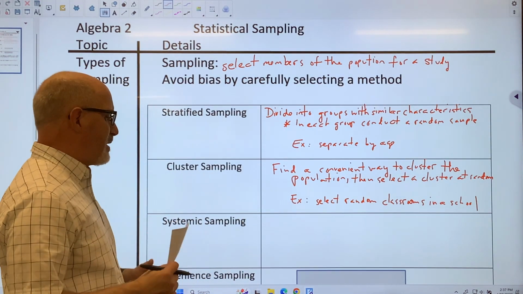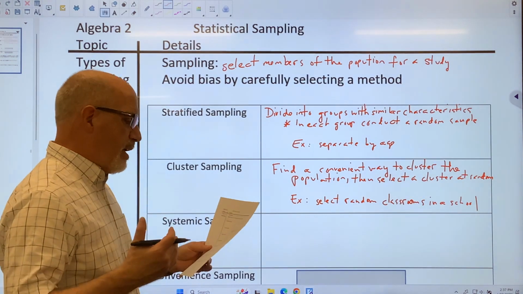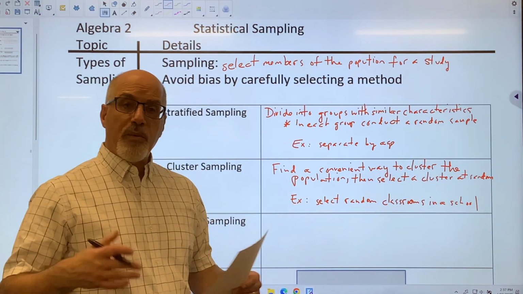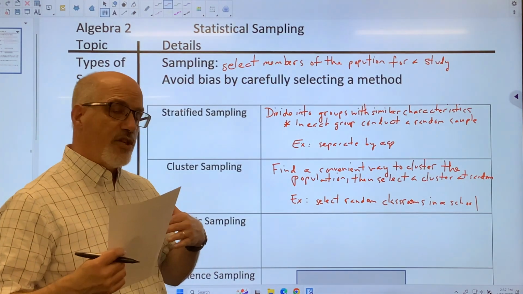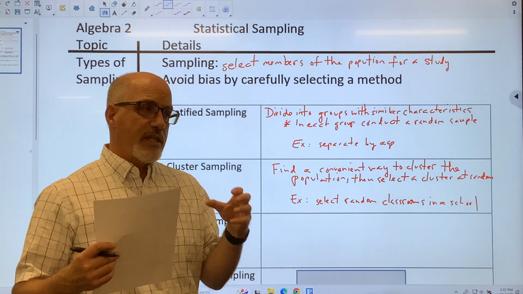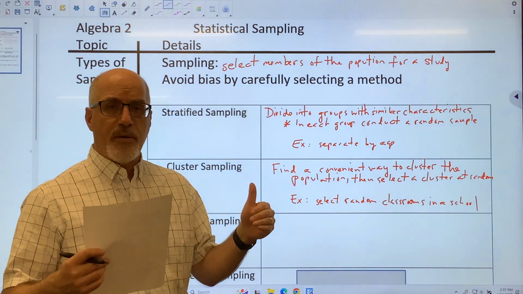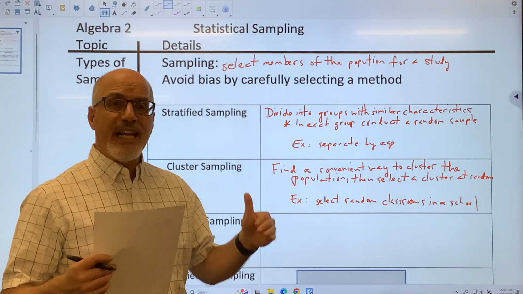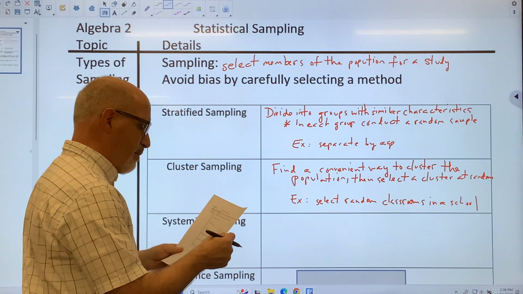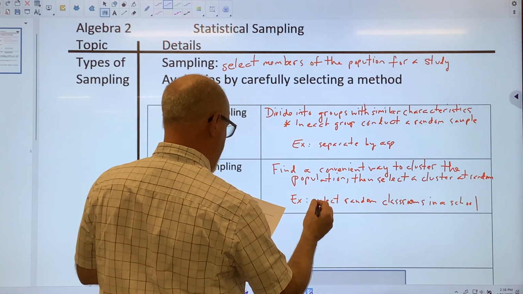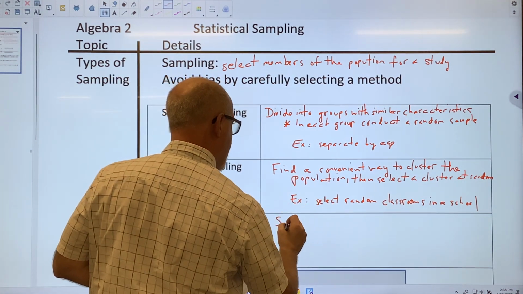All right, systematic sampling. This one is where, for instance, you would start with a list of items or people, and you just start at a certain place. So you just say, I'm going to start maybe at the fifth one in the line, and then go with every third person after that and gather the data from that. So select with a random member of the population.